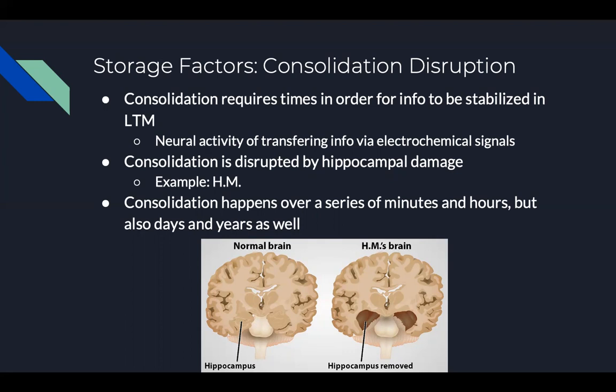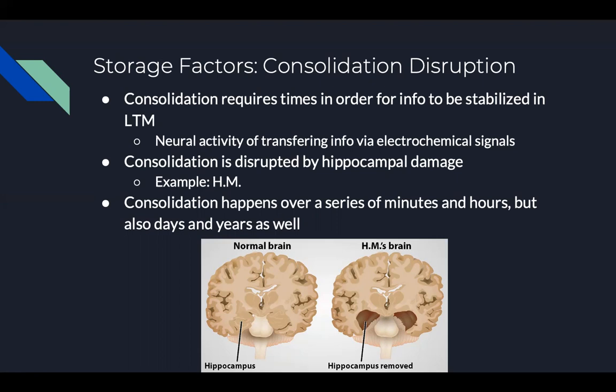And although this helped treat his really severe epilepsy, it really helped control the frequency and severity of his seizures, he obviously was left with a range of memory problems. And so his short-term memory continued to function, but his long-term memory was essentially no longer there.